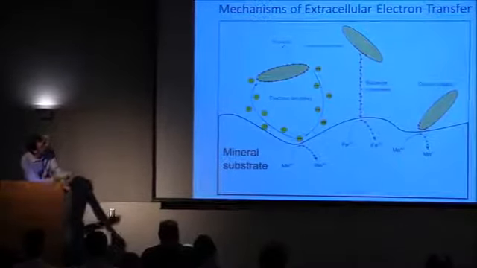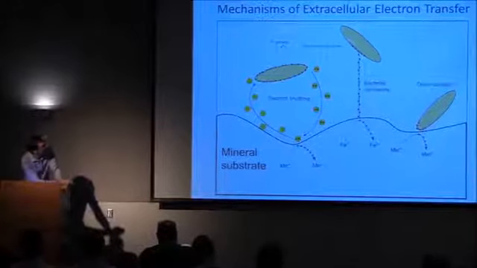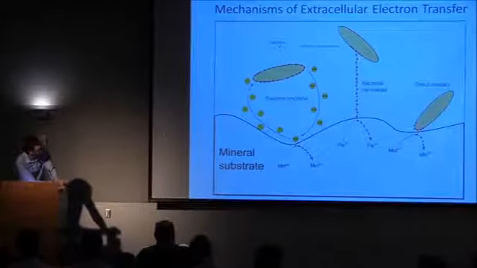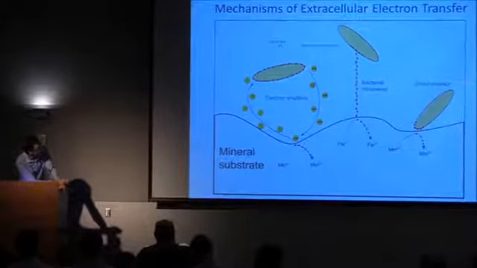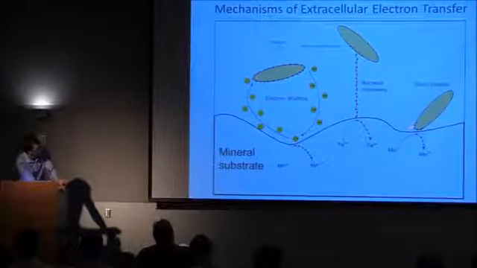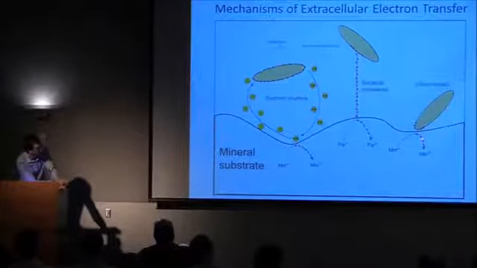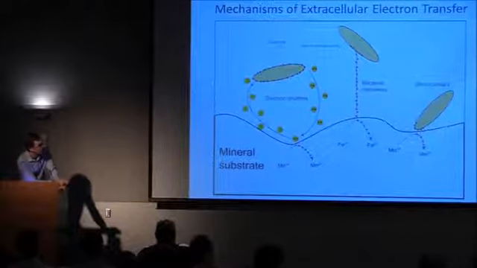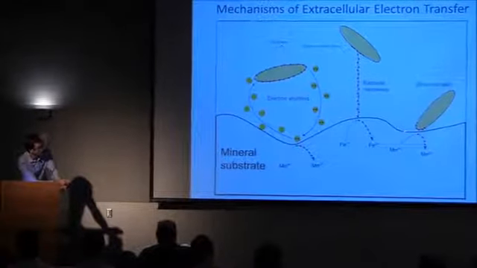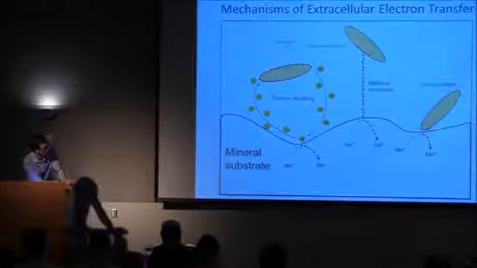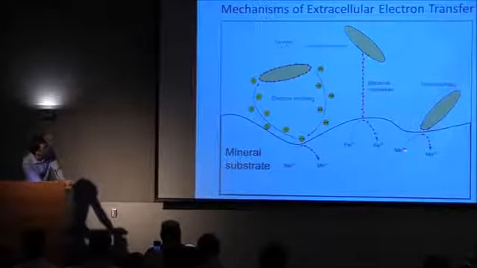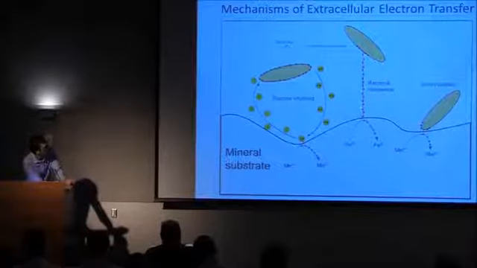And so there are multiple mechanisms of extracellular electron transport that are proposed in Shewanella. The first one is electron transport through direct contact. So the surface of the cell would directly contact the mineral or the electrode, and the outer membrane cytochrome would transfer the electrons to the electron acceptor. The second pathway involves conductive filaments that are called bacterial nanowires.